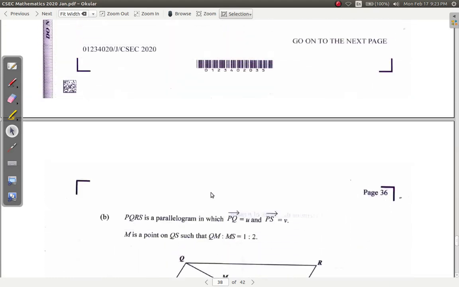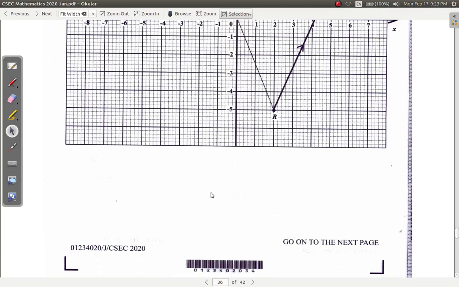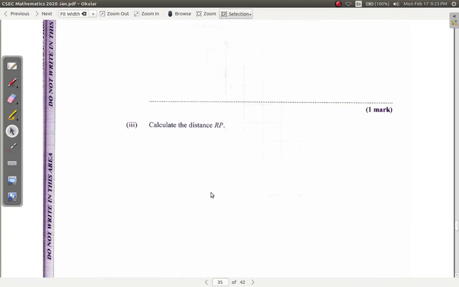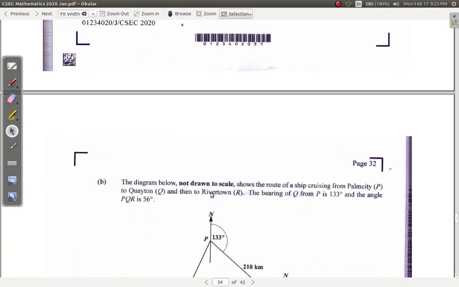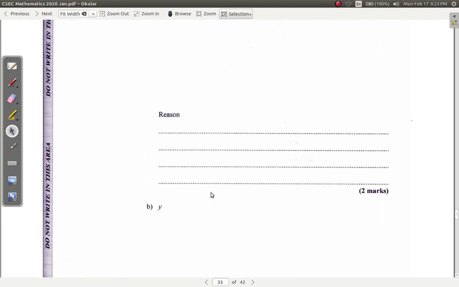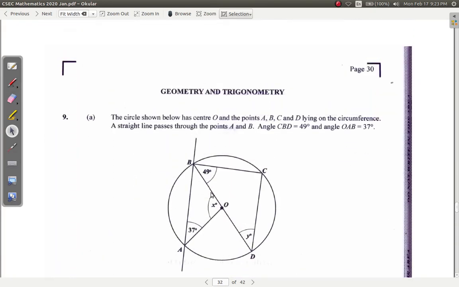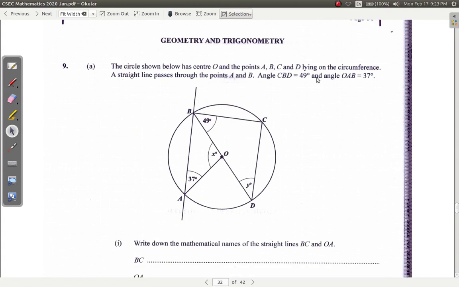Let's look at what question 9 is saying. So question 9. Okay, it's a geometry and trigonometry question. You have the circle, okay, the angles.